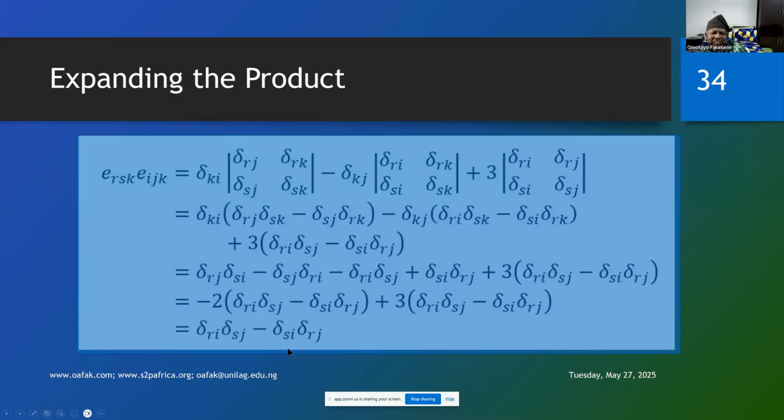So at the end of the day, see the expression we have. We have delta Ri delta Sj minus delta Sj delta Rj. You see, the first two deltas are taking the Ri, Sj, and the second one is Si, Rj. So in the first case, you do them in an orderly fashion.